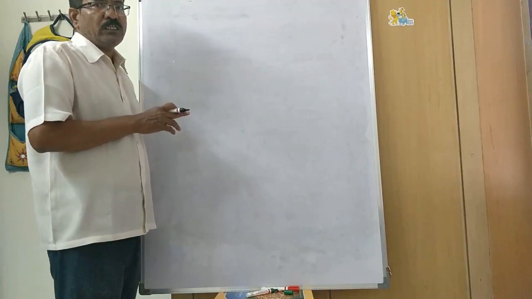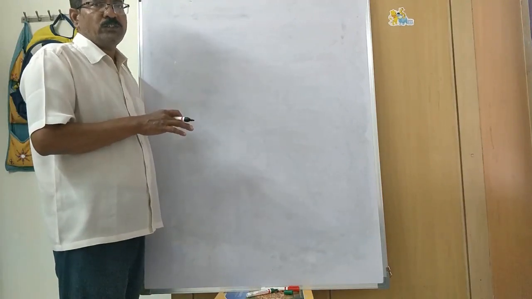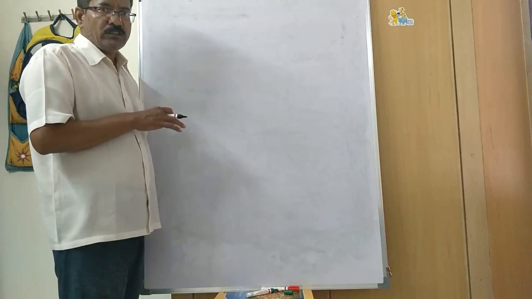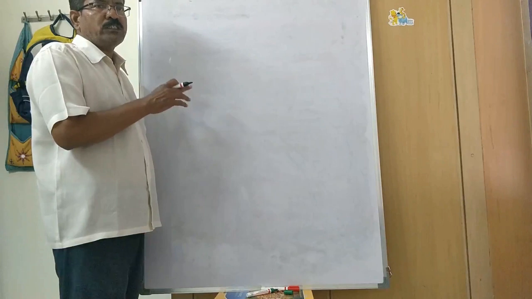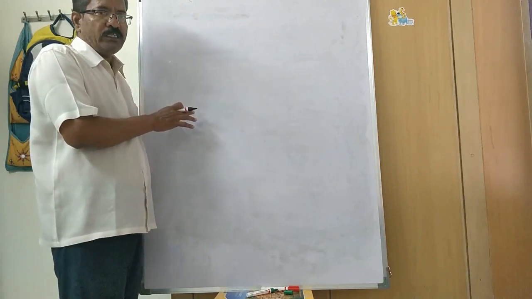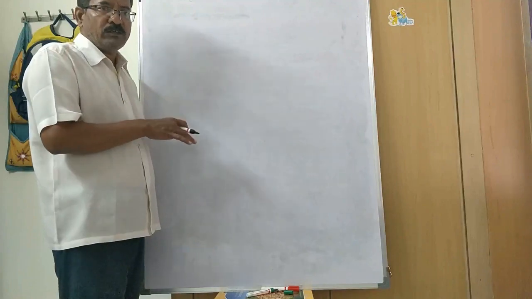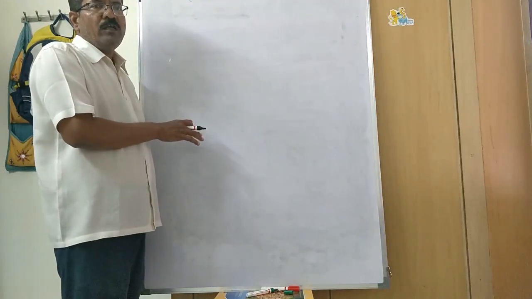If a circle S is equal to 0 is intersected by a line L is equal to 0, then the equation of the circle passing through the intersection points of the circle and the line is S plus lambda L is equal to 0. That you learned in the previous video.